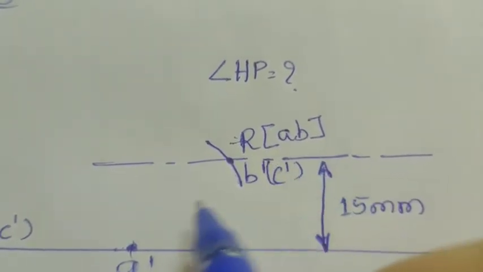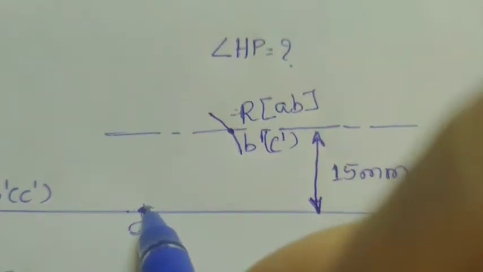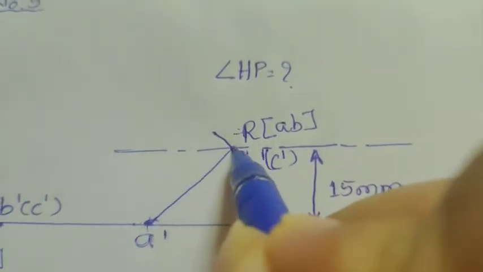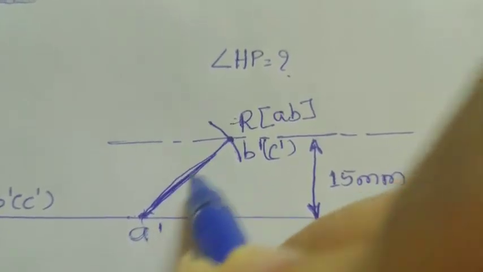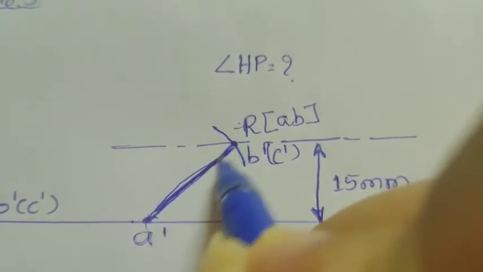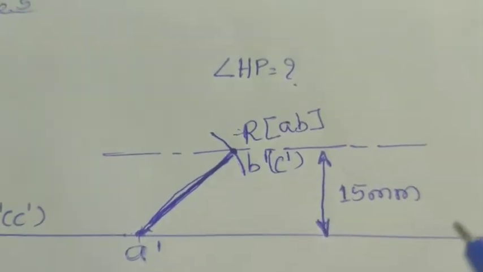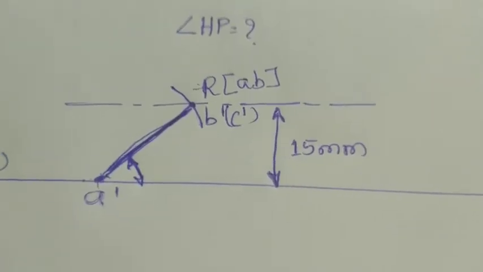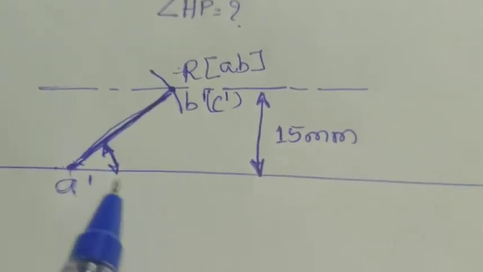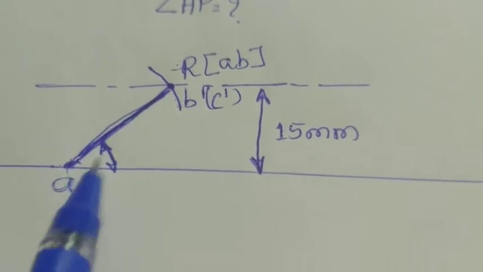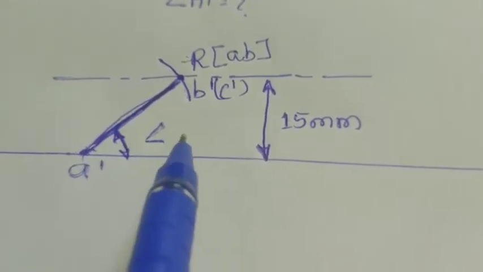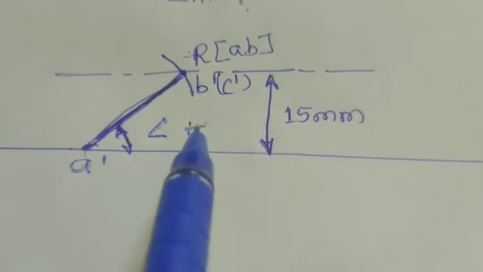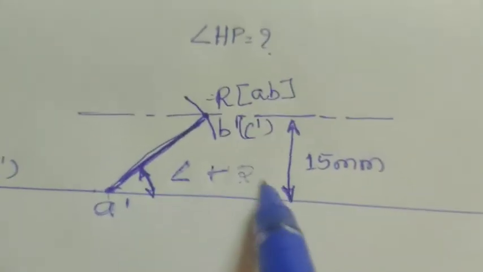Then we are going to join this A dash with respect to B dash, and as it is front view, we are going to make it again a little bit thick. Then measure the angle with respect to XY line and A dash and B dash. This will be giving us angle with respect to HP.